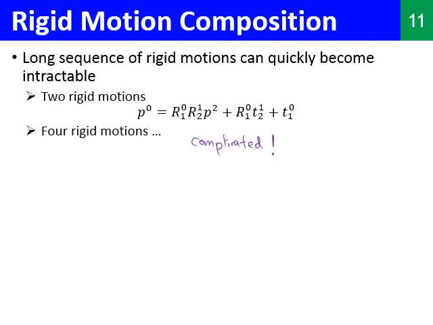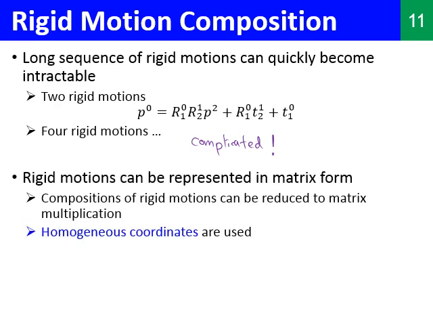Just imagine there is a gripping tool of a robot manipulator which belongs to frame number 10, and I want to represent that in frame number 0. So you understand the complexity of the problem. A long sequence of rigid motions, therefore, can quickly become intractable. As a solution, we are going to represent a rigid motion in matrix form. And with that, composition of such a long sequence of rigid motions can now be reduced to matrix multiplication.